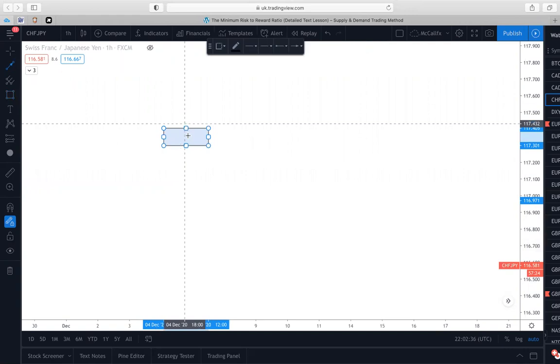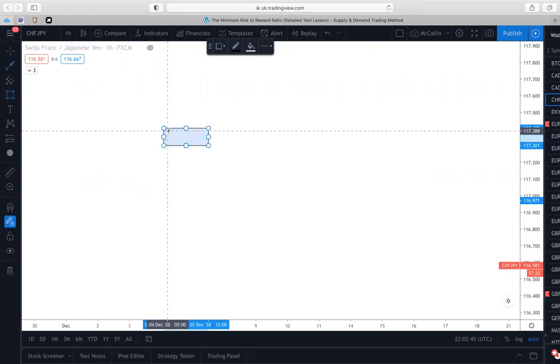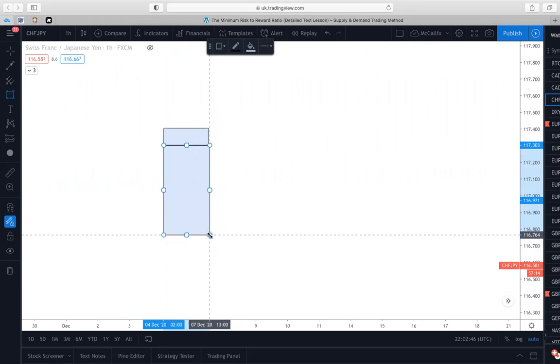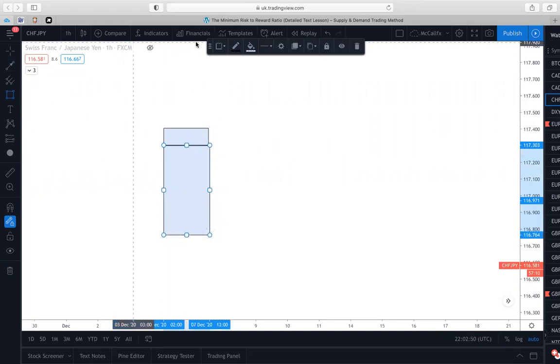So if this is my zone, then the move is supposed to be three times this. So if this is 10 pips, then the move is supposed to be 30 pips. If you have 30 pips, then your zone becomes valid. If you don't have 30 pips, then your zone is not valid.